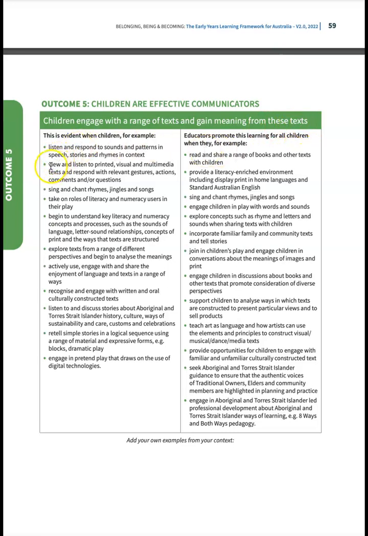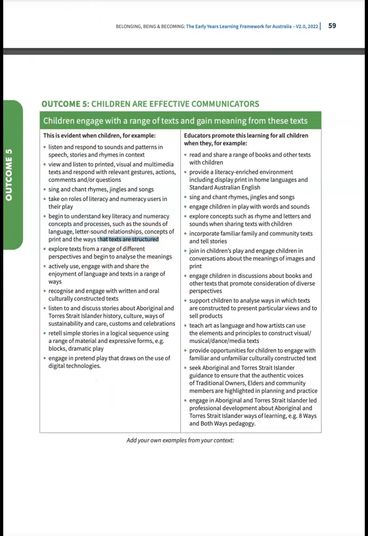So the child is obviously able to view printed text, in our case a book, and respond with comments or even read this book. So here we can see that they take on roles of literacy play, and in our case reading a book as if you are an adult, and begin to understand literacy processes, in our case how to read books, the way the texts are structured.